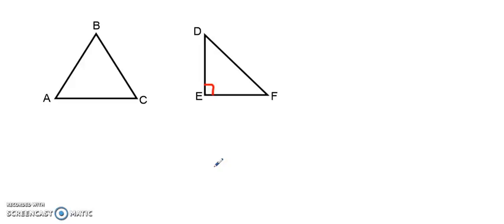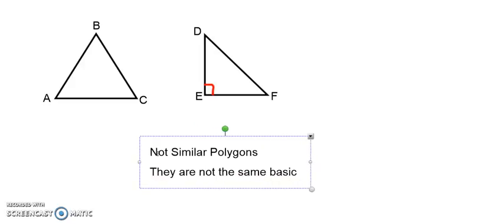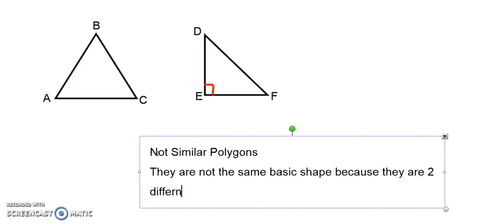So these ones are not similar polygons. So let's type that in. Reason being, they are not the same basic shape. Yes, they are triangles, but they are two different types of triangles.